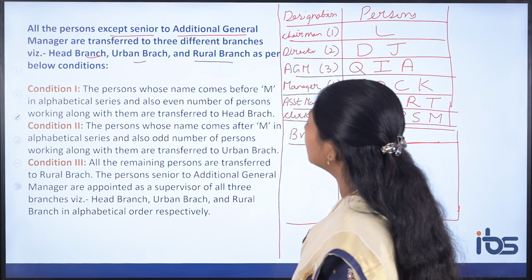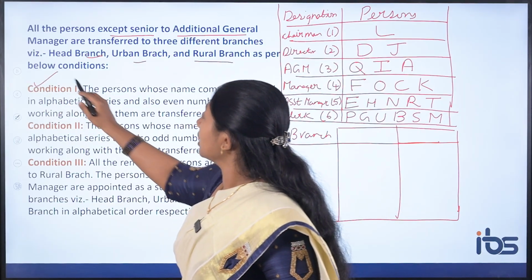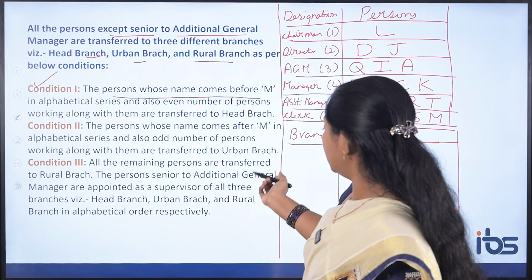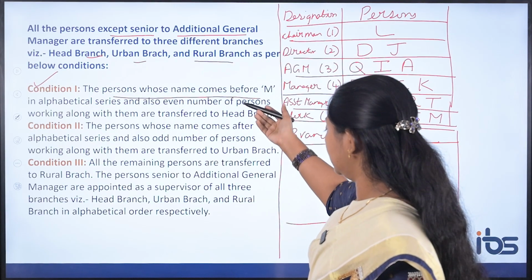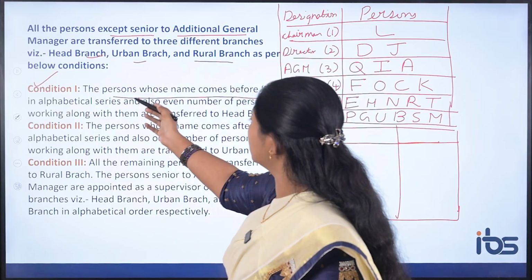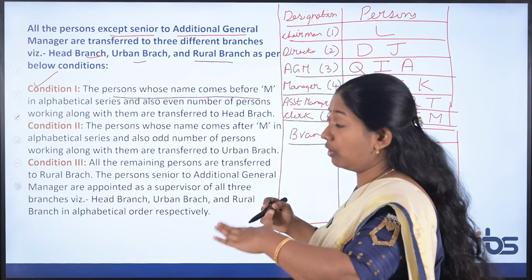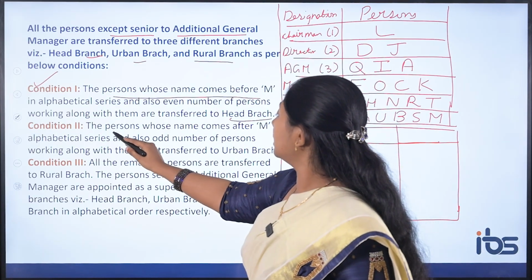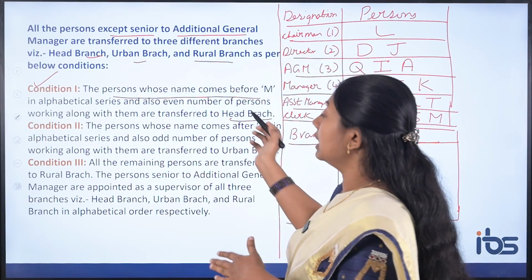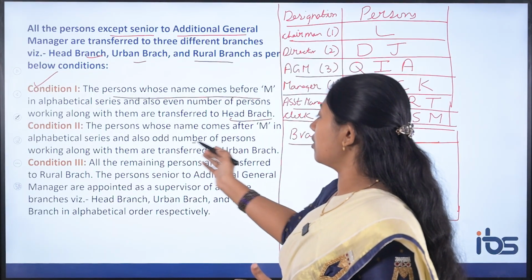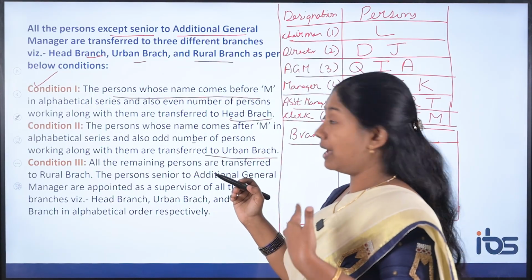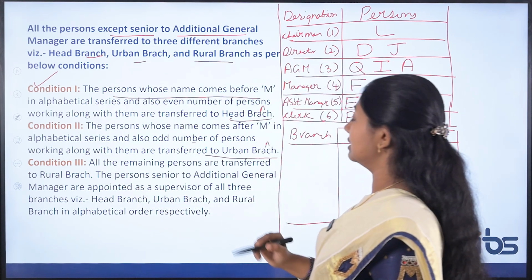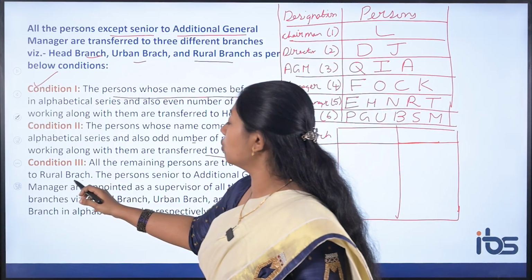The first condition: the person whose name comes before M in alphabetical order and also even number of persons working are transferred to head branch, and the person whose name comes after M in alphabetical series and also odd number of persons working are transferred to urban branch. All the remaining persons are transferred to rural branch.